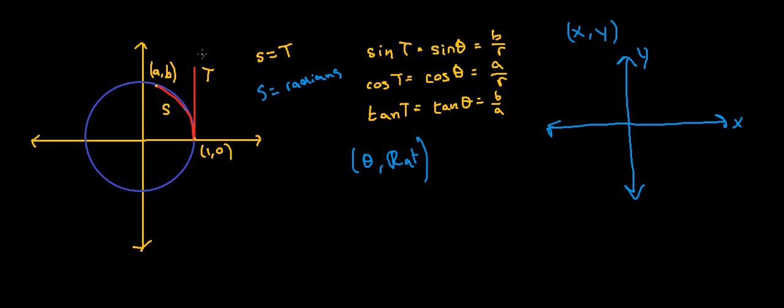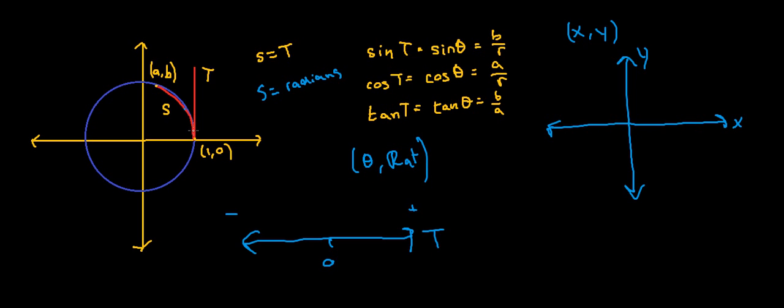However, that's not true. T is sort of like the x-axis. I can think of T as a horizontal axis. And it goes infinitely in the positive and negative direction, because I can go around more than once.